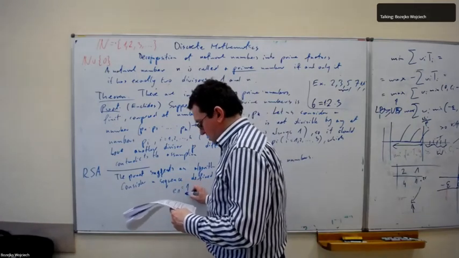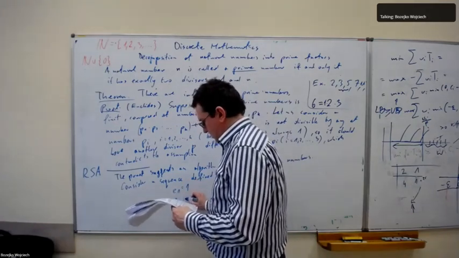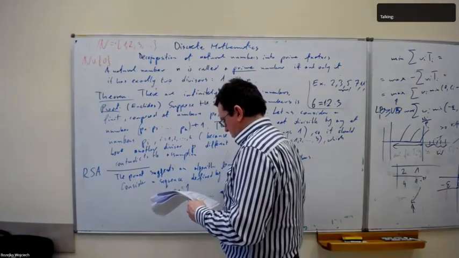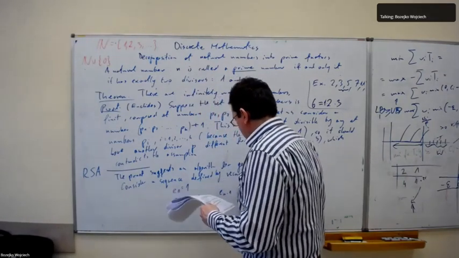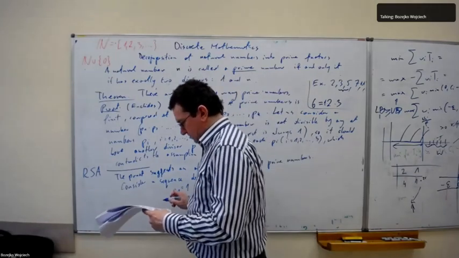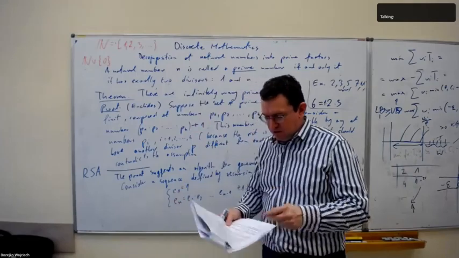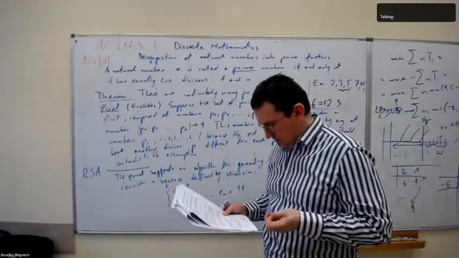E1 is 1, En is E1 times E2 times up to En minus 1, plus 1. The elements of the sequence are called Euclid numbers.